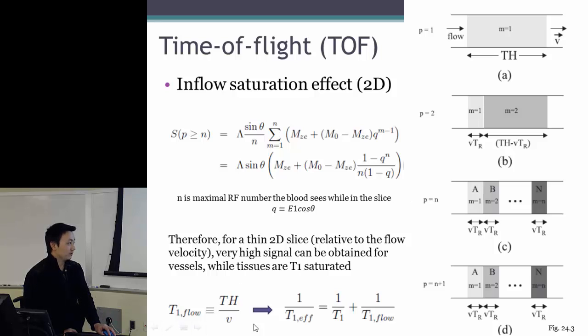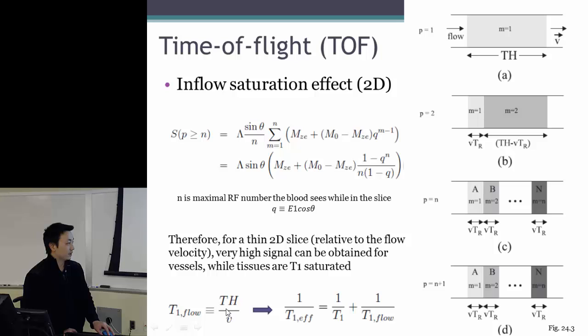We can define an extra T1 term that is related to flow, determined by the slice thickness over its velocity. So the effective T1 here would be determined by this relation.